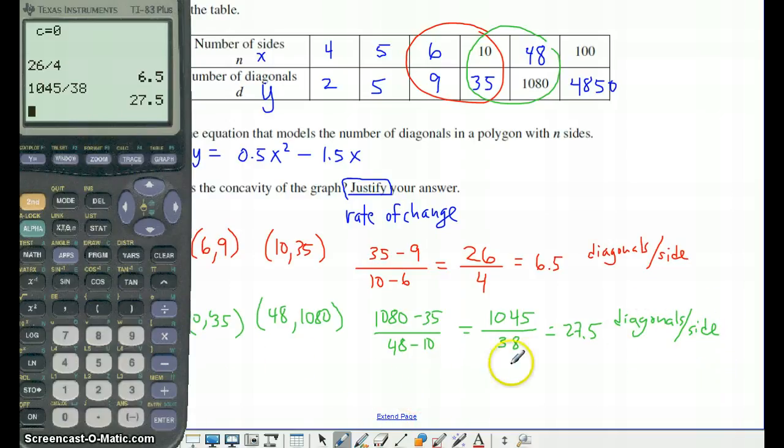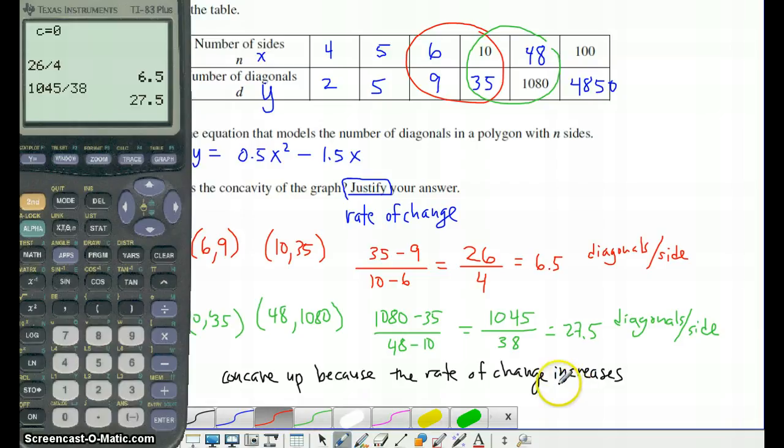So the justification here has to do with that it's concave up because the rate of change increases. That's the key part, is that the rate of change is increasing.